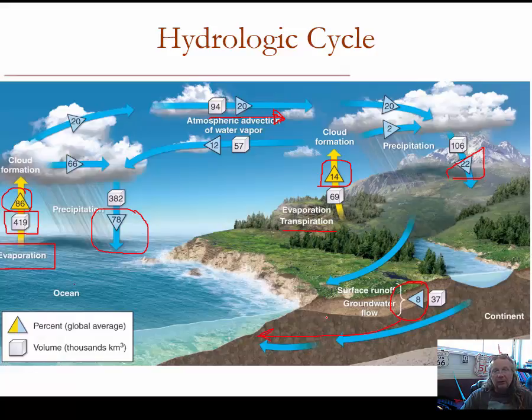So this is the hydrologic cycle, and I don't think it's really important that you have all of the exact numbers memorized, but these that I circled, the 86 and the 14, the 78 and the 22, and this 8 here, those are percentages that you should have in mind roughly.